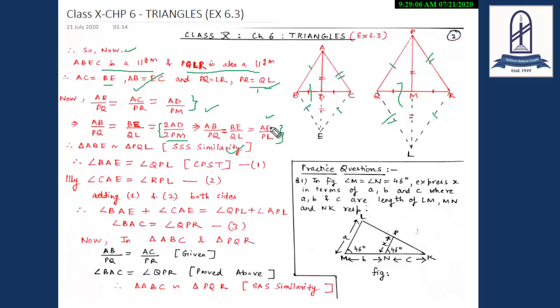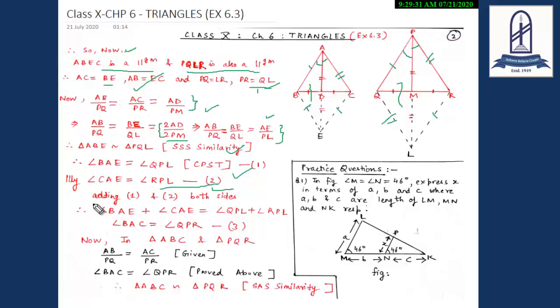So, students, from here by CPST, we can say that angle BAE is equal to angle QPL, which is our first equation. And now similarly, we can prove that angle CAE is also equal to angle RPL by proving that triangle AEC is also similar to triangle PLR, which is our second equation.